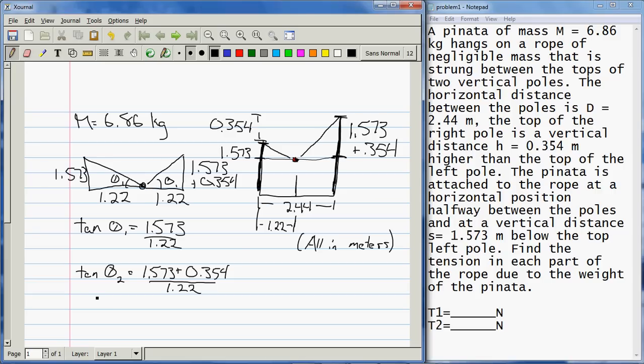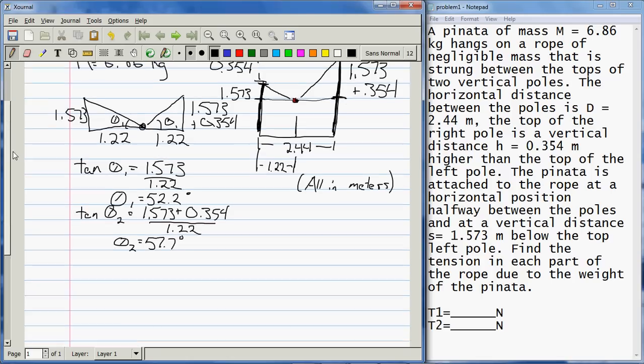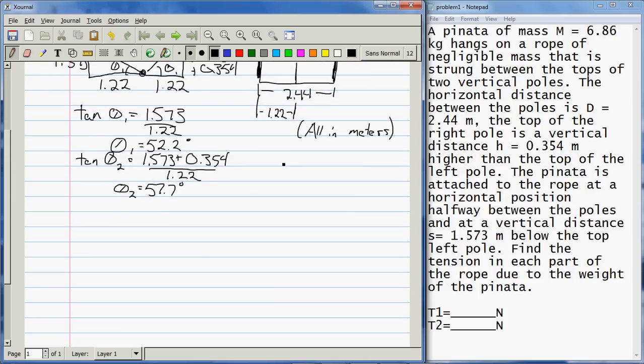I already plugged this into my calculator just by doing the inverse tangent, and I got theta 1 to be 52.2 and theta 2 equals 57.7, and these are degrees.